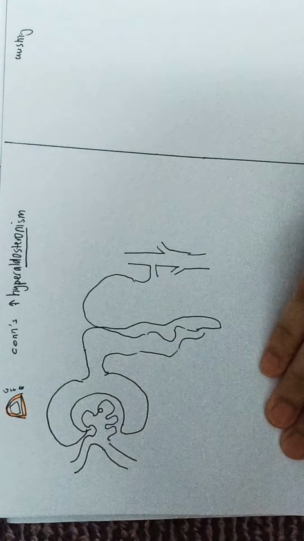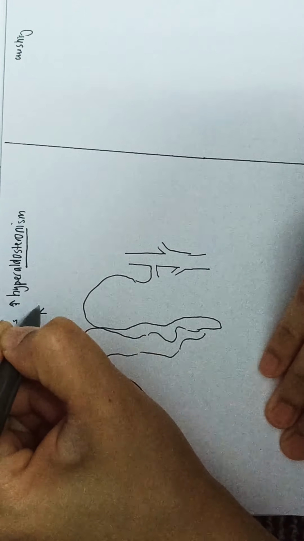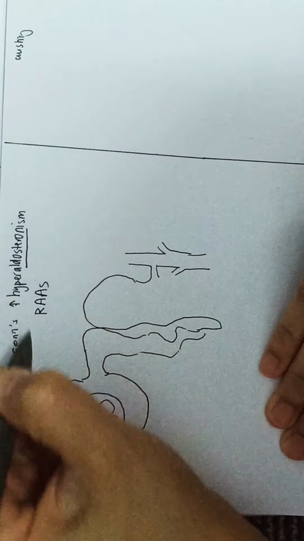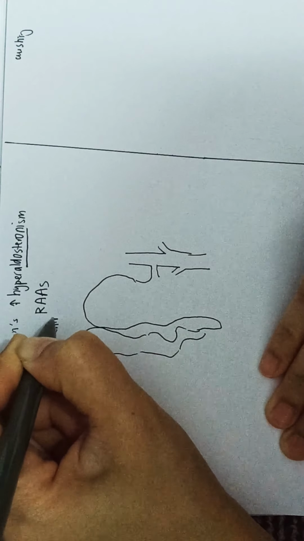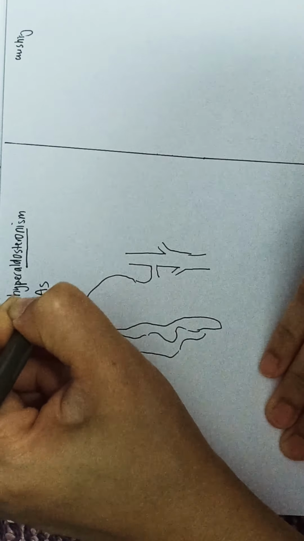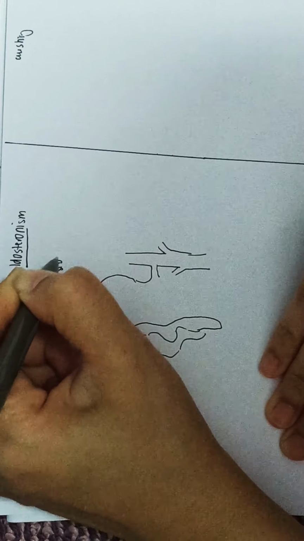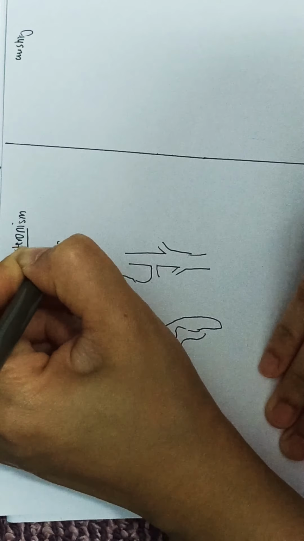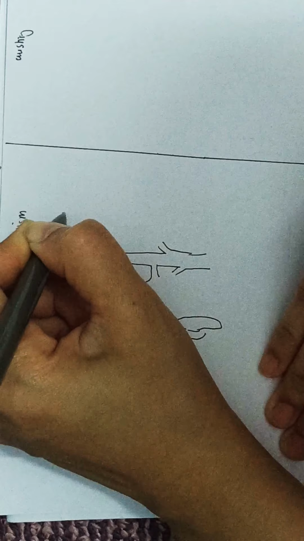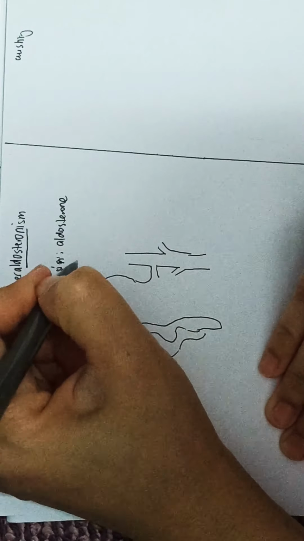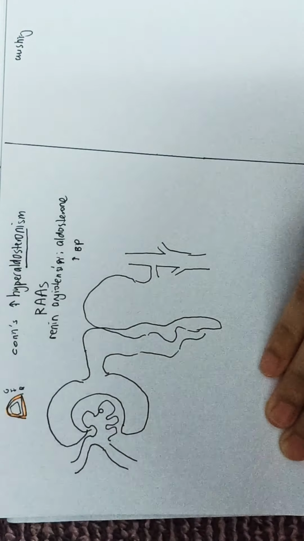What aldosterone does is in the RAAS, which is the renin, angiotensin, and aldosterone system. Basically, it's to increase the BP.